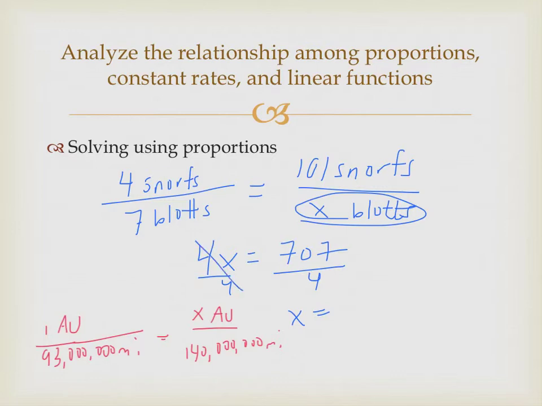It will be 707 over 4 blots, which 4 goes into 7 once, there's 3 remaining. 4 goes into 30, 7 times, there's 28, so 2 are left over. 4 goes into 21, 5 times, and 1/4 remains. So if there's 4 snorfs for every 7 blots, 101 snorfs would yield 176 3/4 blots. So proportions are very, very important, and just make sure you set yourself up for success.